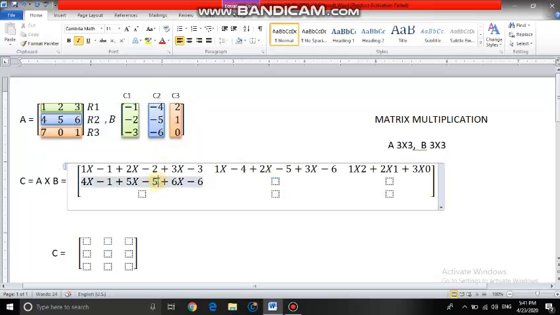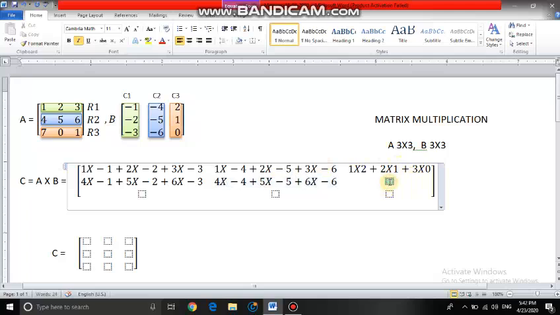I think it is 5 multiplied by 2 and 6 multiplied by -3. Okay. So here 4 multiplied by -4, then 5 multiplied by -5, then 6 multiplied by -6.